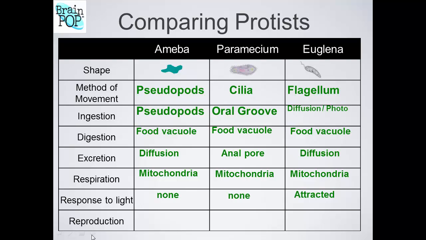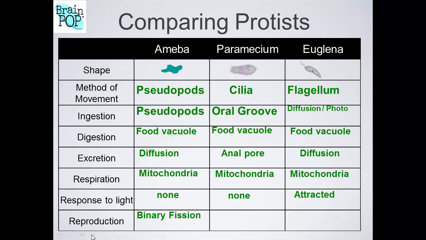Finally, reproduction. How does an amoeba reproduce? Asexual reproduction. It's a form of asexual reproduction called binary fission, splitting in two. What can the paramecium do that's unlike the others? Remember, it has the macronucleus and the micronucleus.